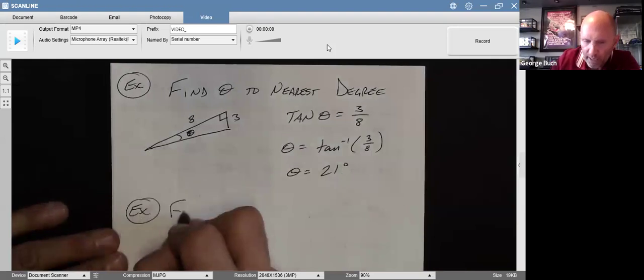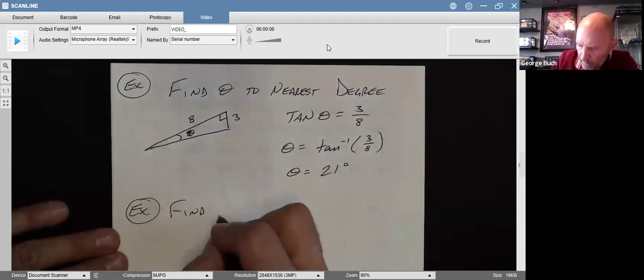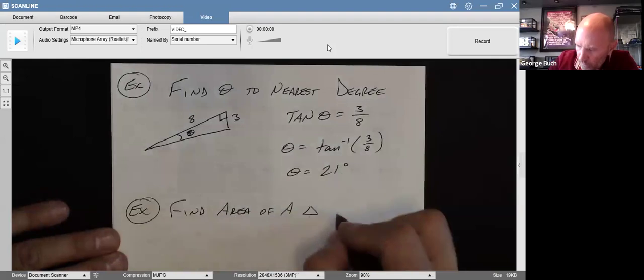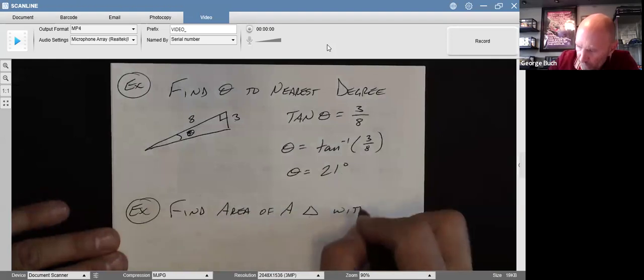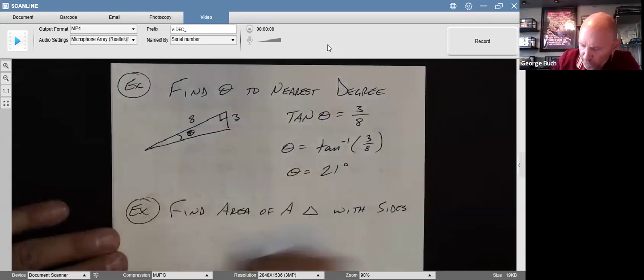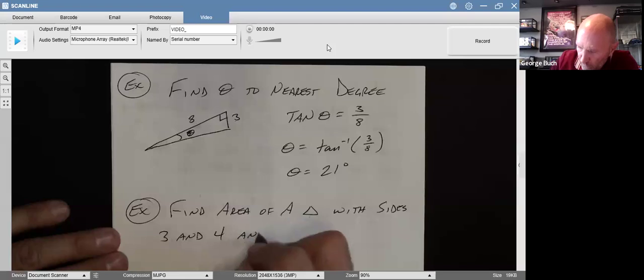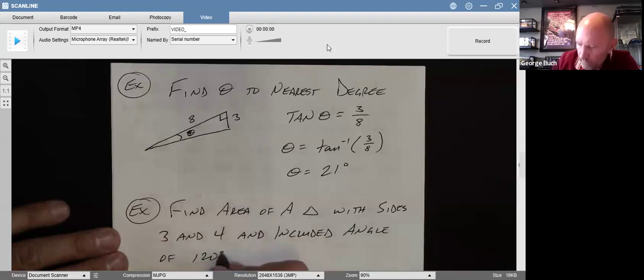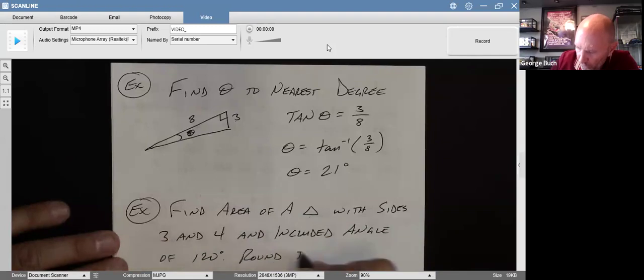Next problem, find the area of a triangle with sides 3 and 4 and included angle of 120 degrees and round to 1 decimal place.